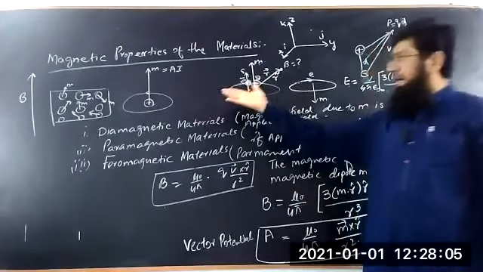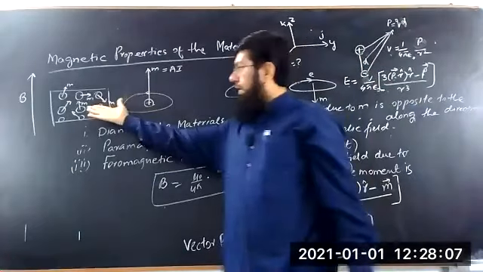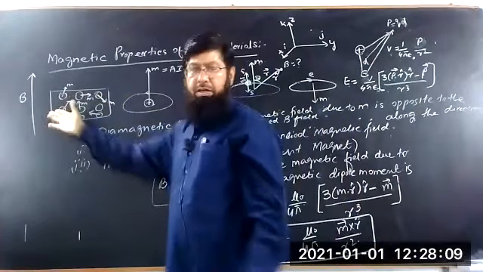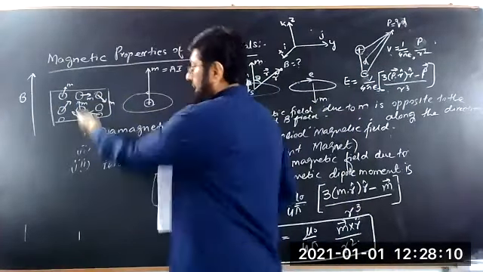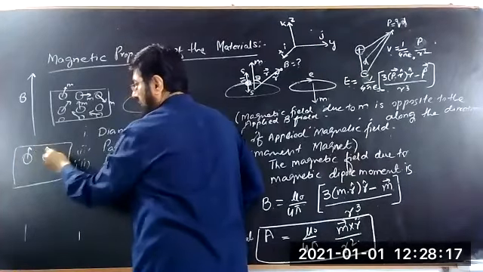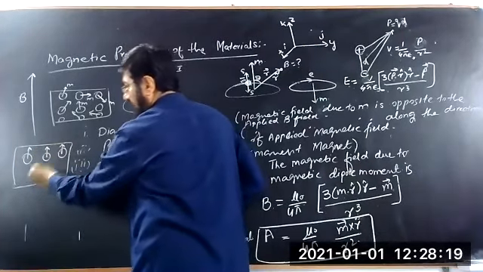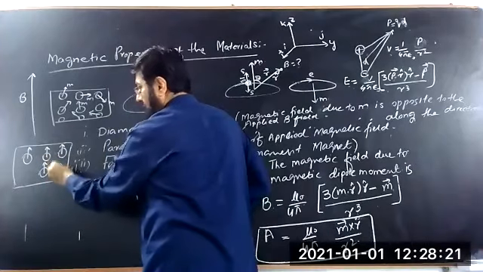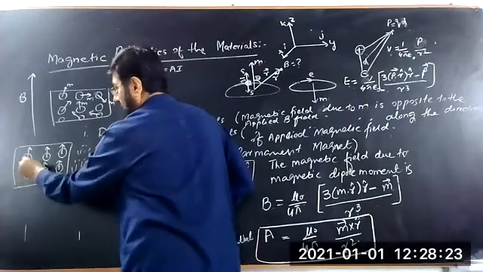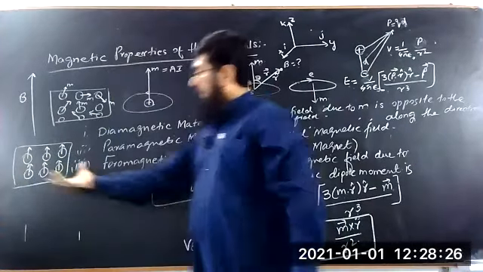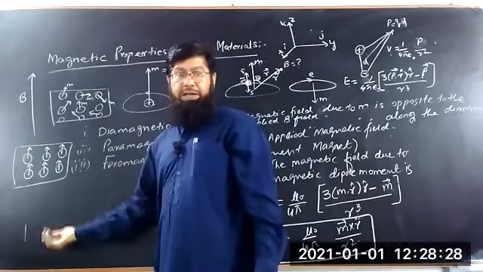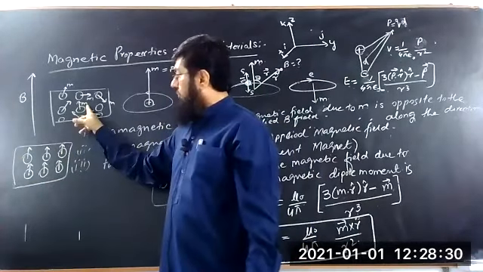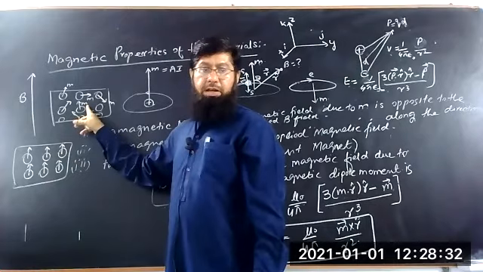Now when the material is placed within a magnetic field, the magnetic dipoles are aligned in the direction of the magnetic field. First they were random.